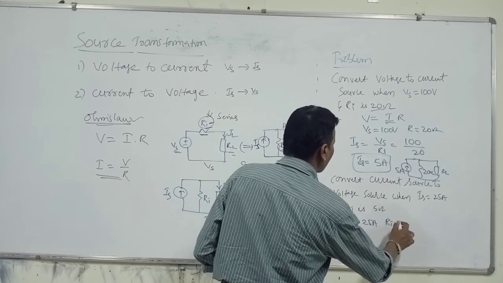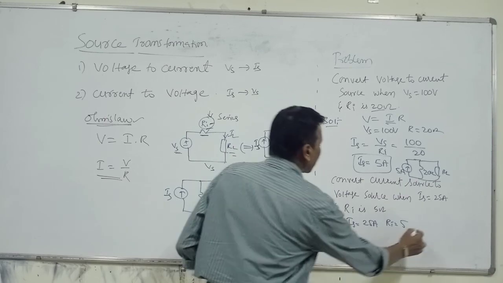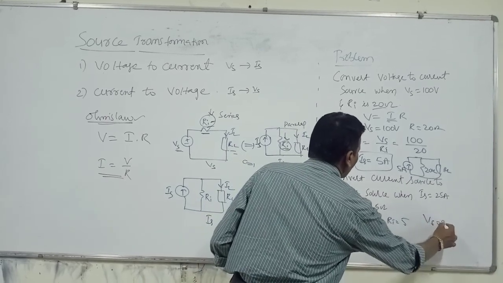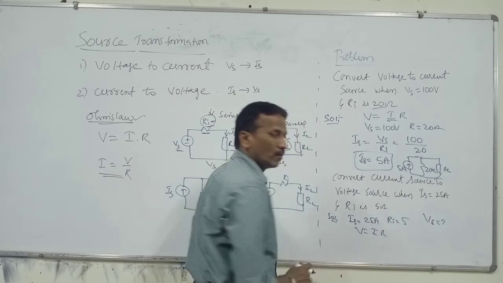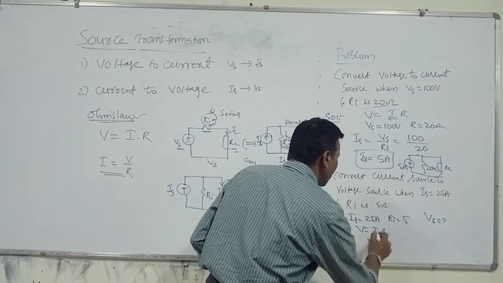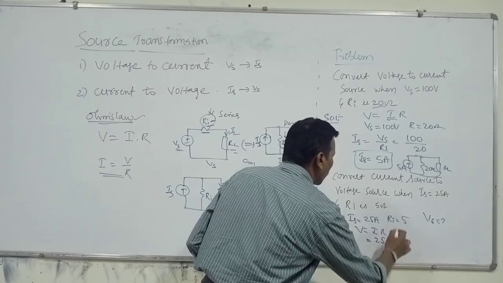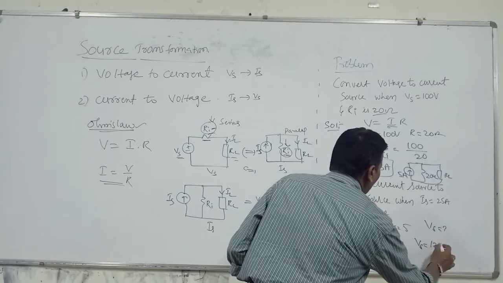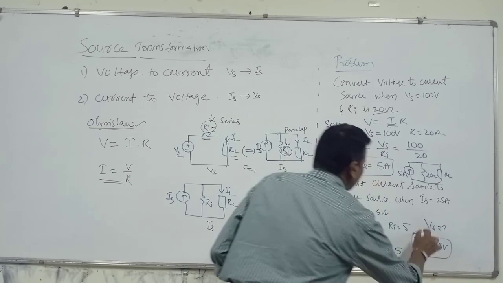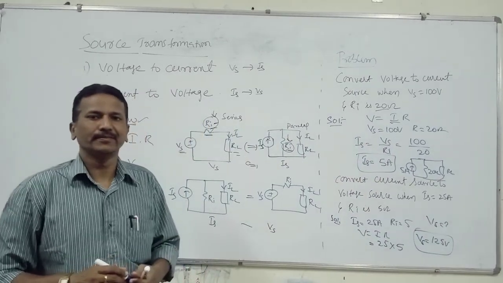Internal resistance is 5 ohms. What do we find here? The voltage source. Which law? Ohm's law. So I is 25 and R is 5. Then the voltage source is 125 volts.